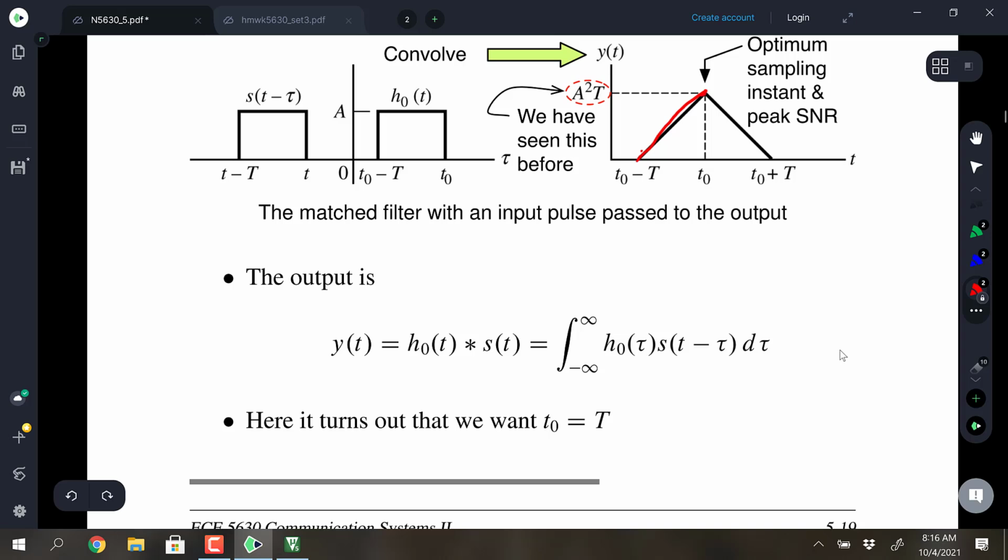Then make the decision right there at the top, and that should give us our peak signal-to-noise ratio, which should give the minimum probability of error.